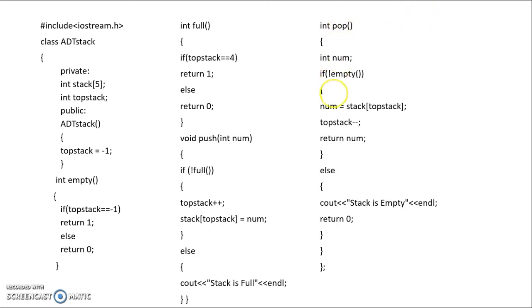We have to declare the number as an integer. If the stack is not empty, we take the current top value into a number, and then decrease top by 1. And lastly, we return the number. Else, if the stack is empty, we will output that the stack is empty and return 0.